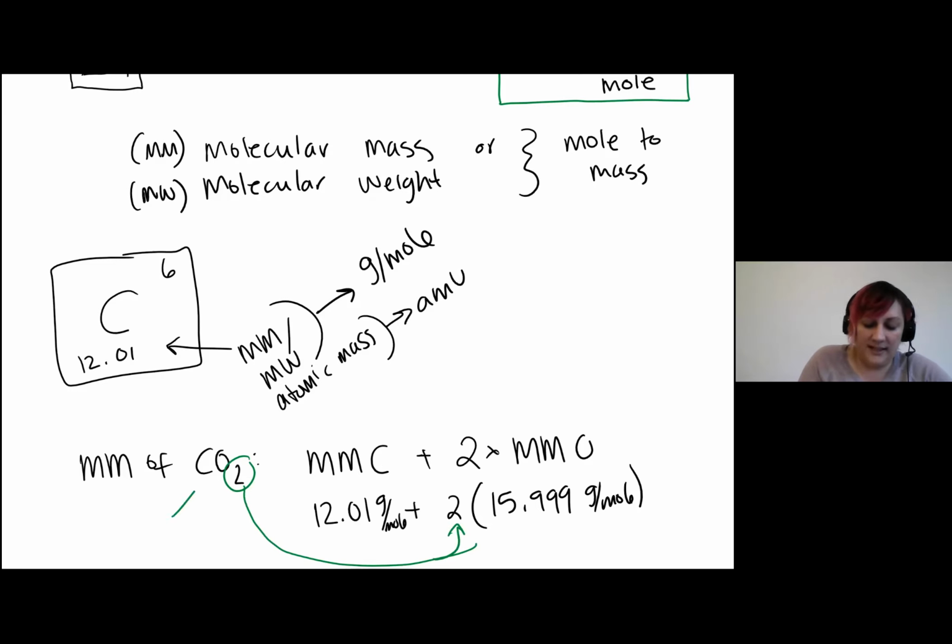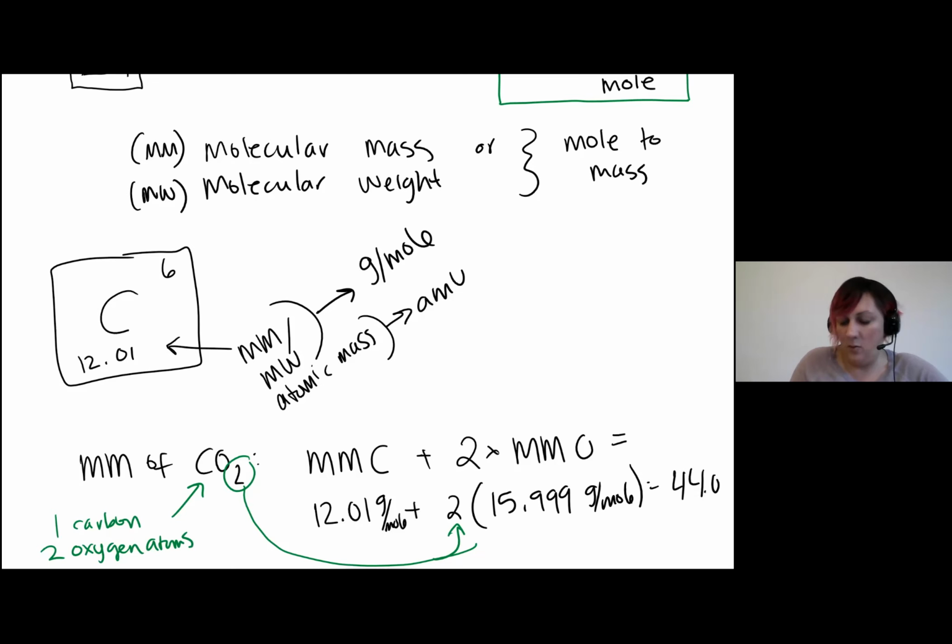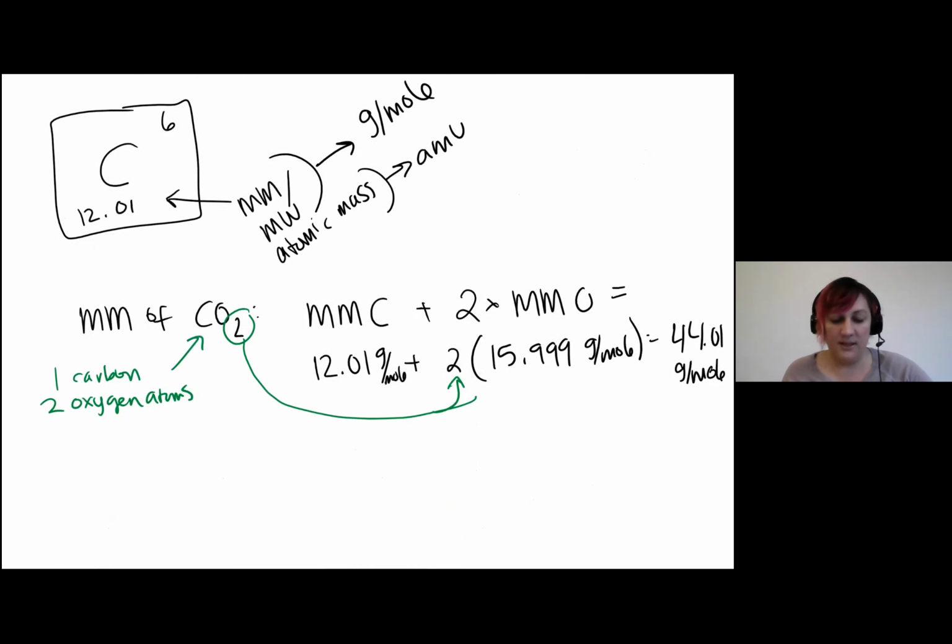So this chemical formula is stating I have 1 carbon atom and 2 oxygen atoms. So if I add that up, I'm going to end up with 44.01 grams per mole. And that'll be the molecular mass that I have for my carbon dioxide.